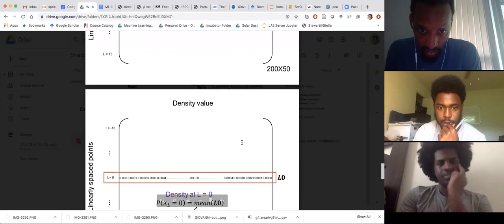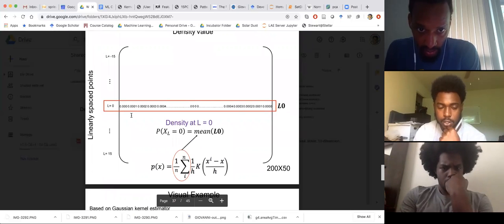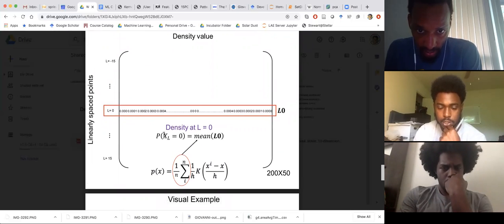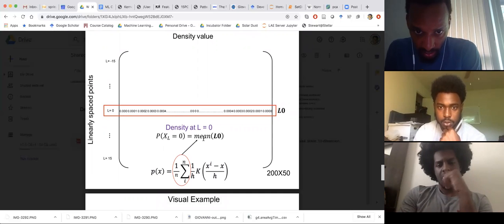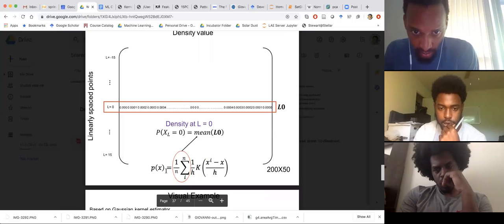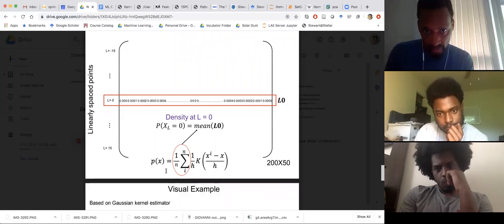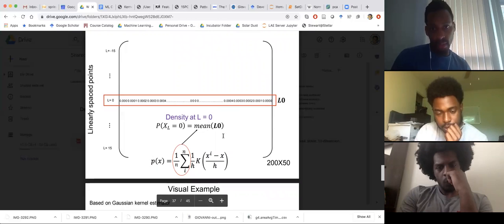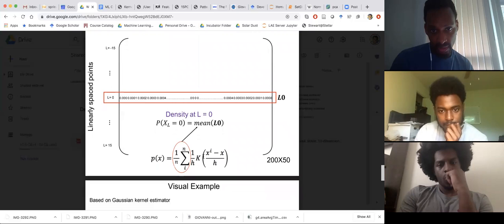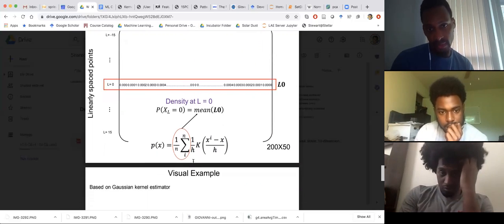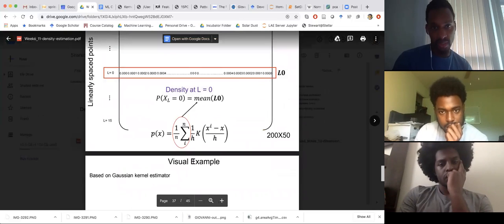And then for each one, let's say we look at density at L equals 0, mean equals L equals 0. We apply the kernel. That makes sense. I guess this is the kernel function K. But then we also have 1 over H. So bandwidth is kind of like a normalization thing.